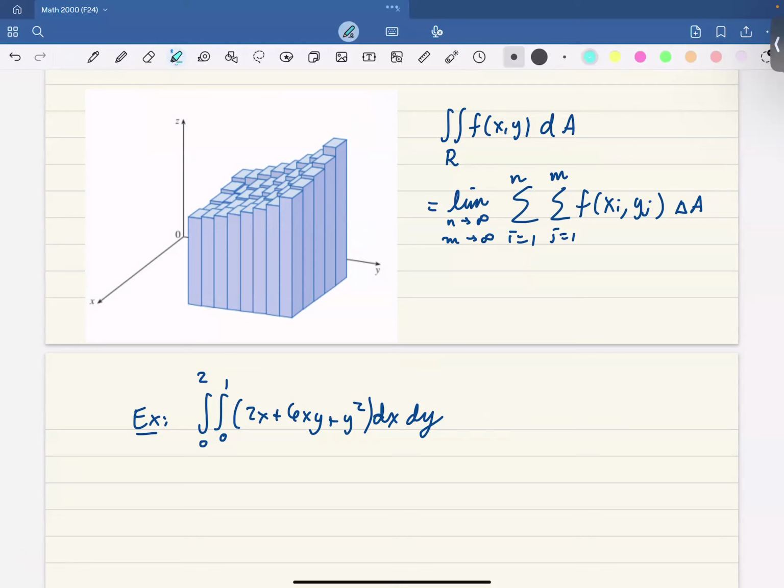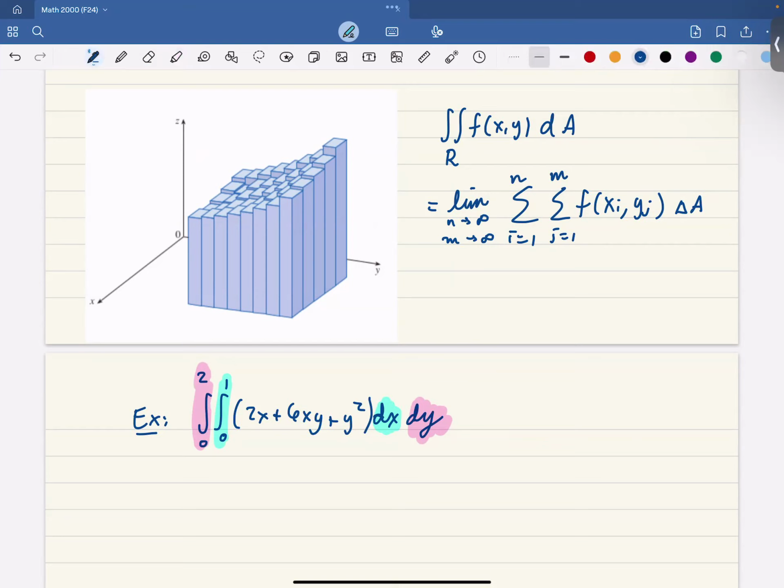What does matter is we're going to work from inside out. And so the inside differential, dx, will correspond to the inside integral sign. And likewise, the outside differential dy will correspond to the outside integral sign. And so we have to be consistent there.